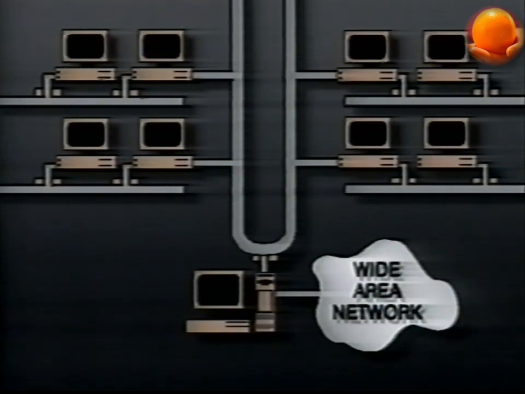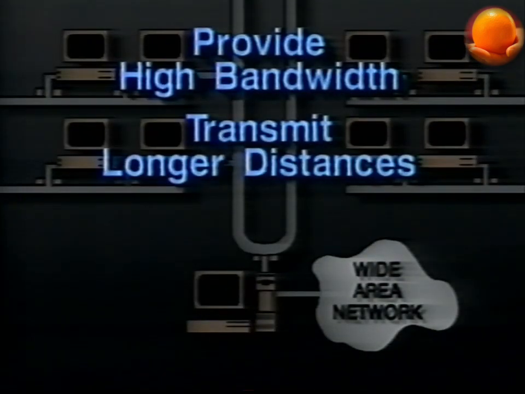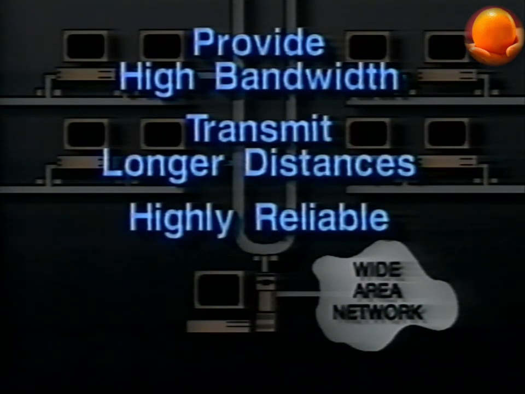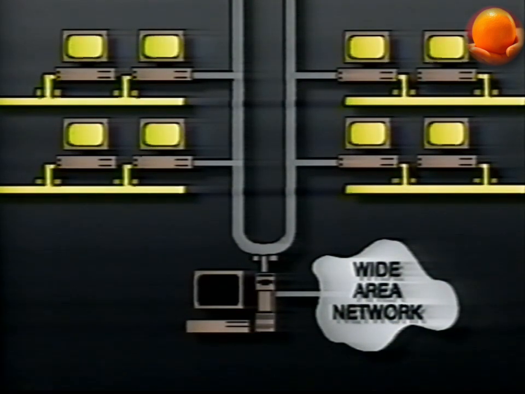And the backbone network can be optimized to provide high bandwidth, transmit longer distances, and be highly reliable. Optical fiber and microwave-based links are often used for a backbone network. Attached networks can be optimized for flexibility and low-cost user connections.